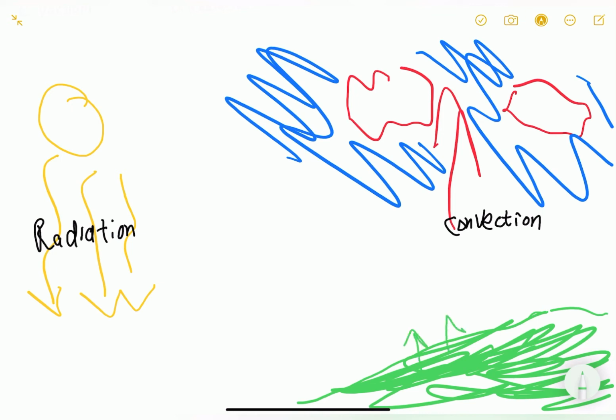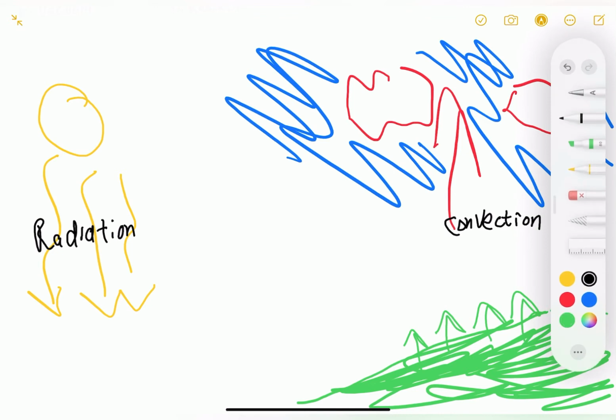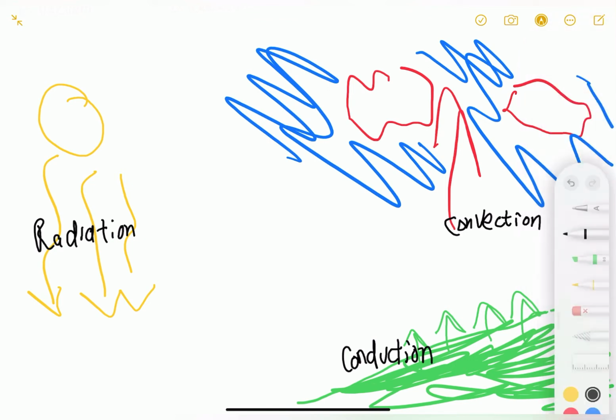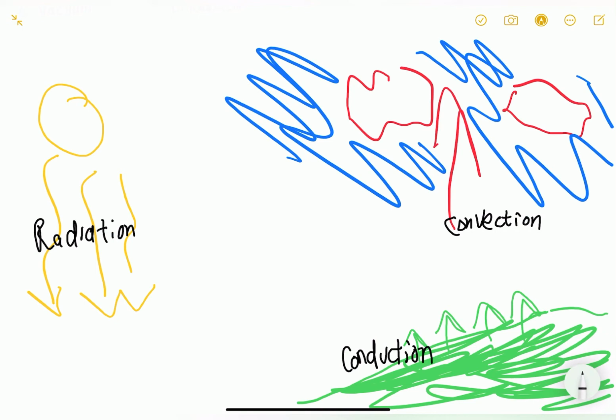Why? Because conduction means when the ground heats the air. So we said this is conduction. So we said radiation is when the sun heats the ground, convection is where the warm air rises, and conduction is when the ground heats the air.